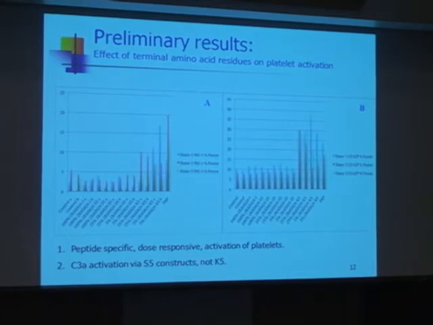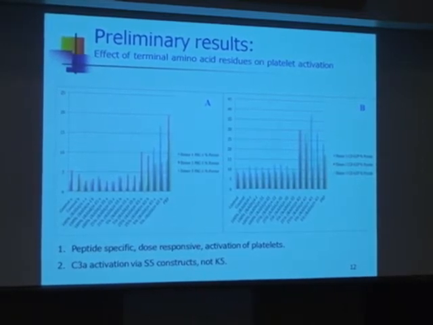However, surprisingly, we didn't see that with the K5, but yet the K5 substrates activated platelets significantly more than the S5 group. So that just gives us an indication that when designing these materials, we have to be careful about the content of the terminal amino acid sequences.